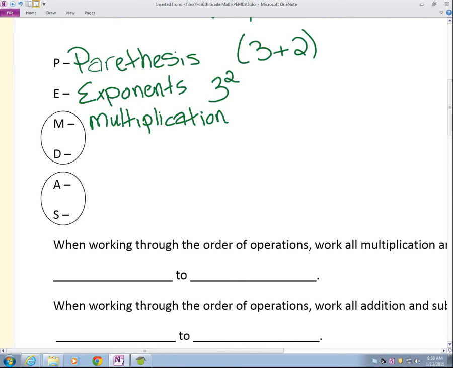Can someone tell me a couple of different ways that you can see multiplication in an expression? Like a dot. Good. We can have a dot. What's another one? An X. An asterisk.